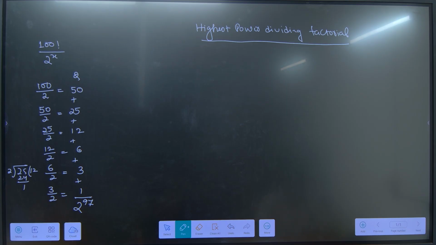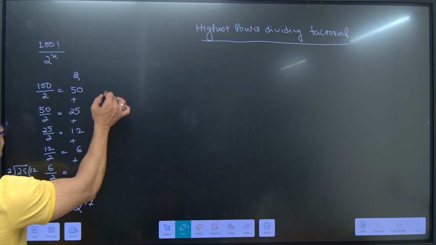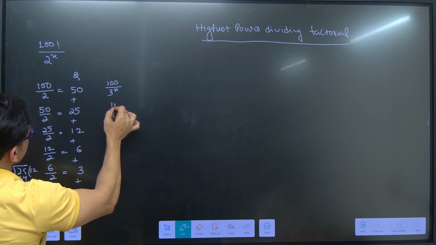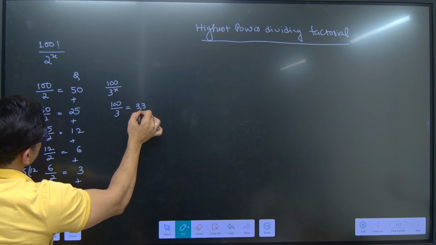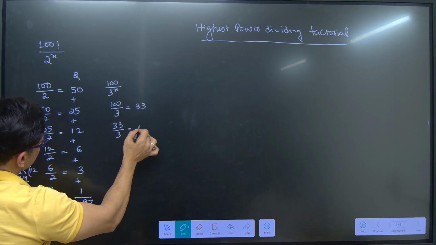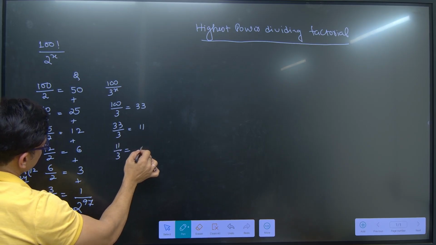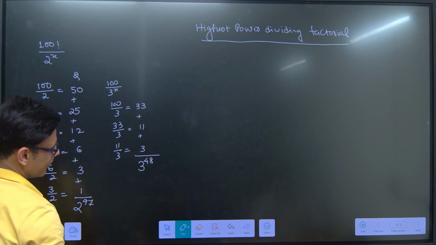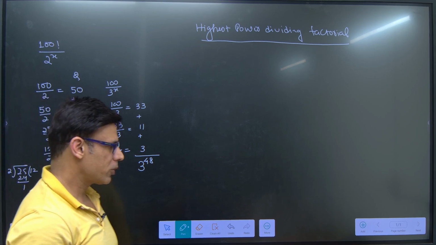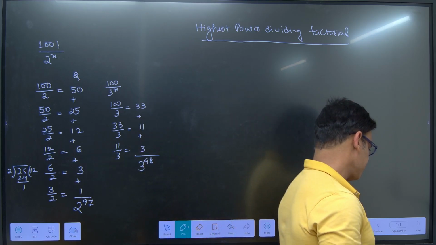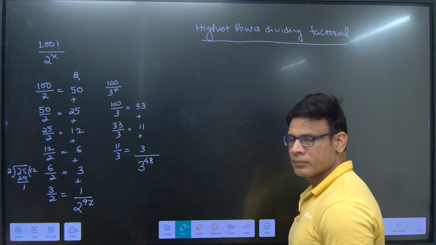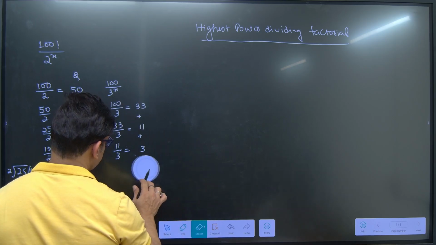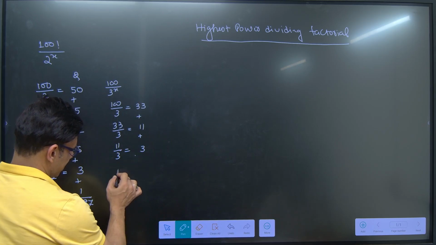Highest power of 3: 33. 33 divided by 3, 11. 11 divided by 3, 3. Then 3 divided by 3 will also be there.